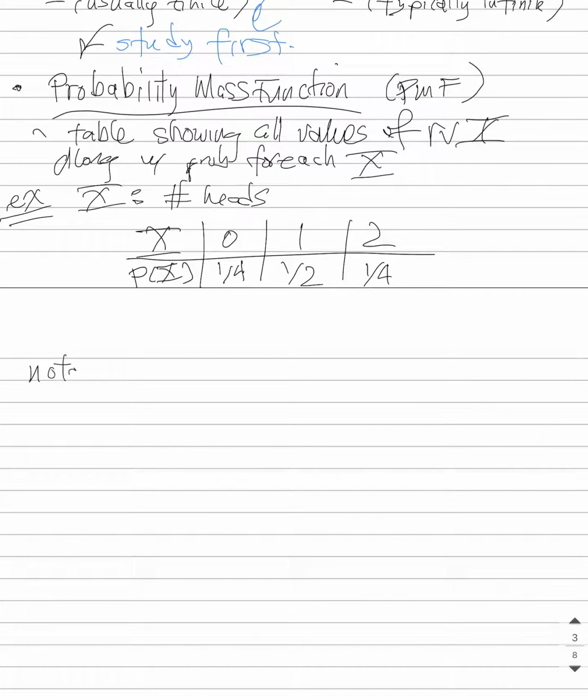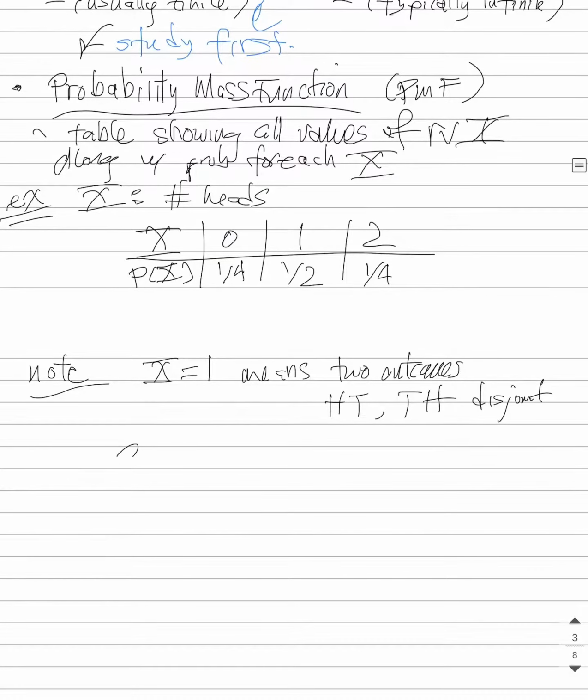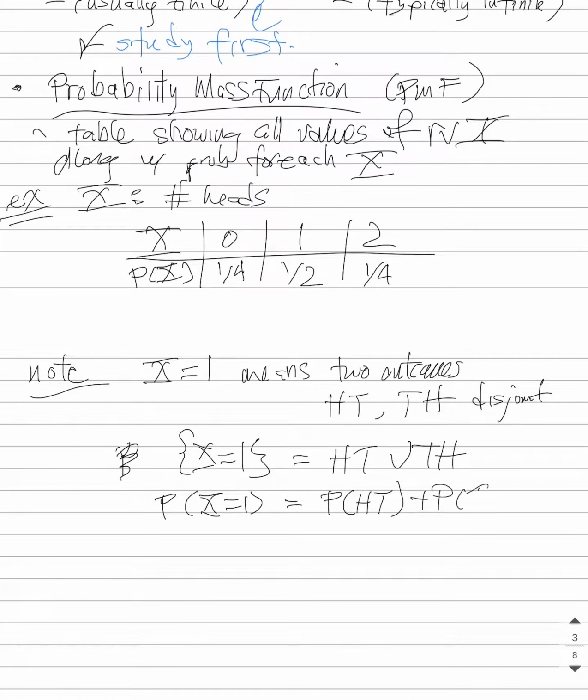So note, the event x equals 1 means you get 1 head flip. And it means that there are 2 outcomes. You could have heads, tails, and you could have tails, heads, and these are disjoint. So the event x equals 1 is made up of the union of heads, tails with tails, heads. So the probability of getting x equals 1 then becomes the sum of these 2 individual probabilities.